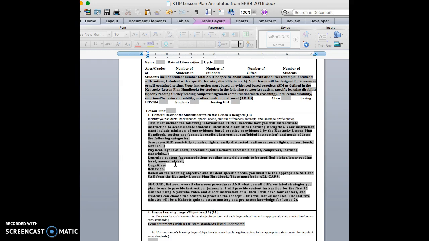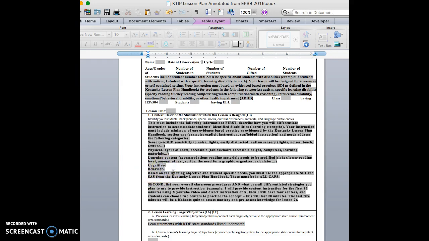This could be the need for a scribe if a student has a specific learning disability in writing. This could be the need for a graphic organizer or a calculator. So any supports that a student with a specific learning disability might need. So how am I modifying the content to meet the needs of students with learning differences?